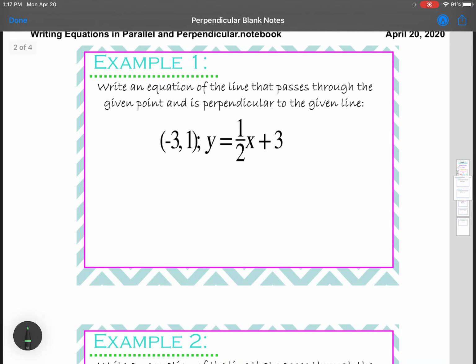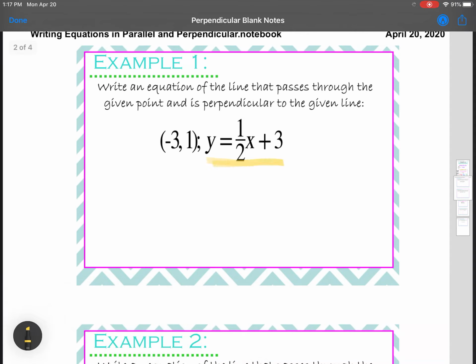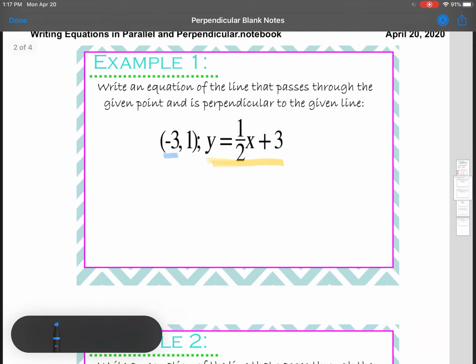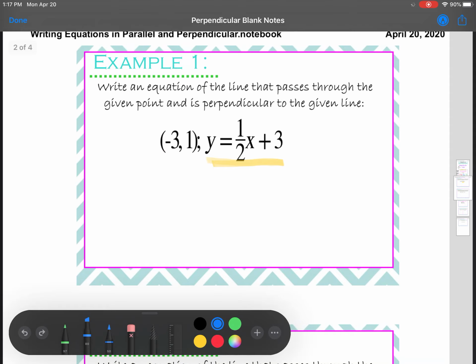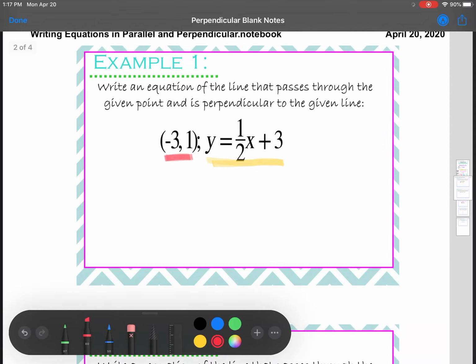Now let's get into some examples of this. We're going to do the same thing we did in the last one. If I have y equals 1/2 x, and I'm given -3, +1, actually, I'm going to use red. -3, +1.